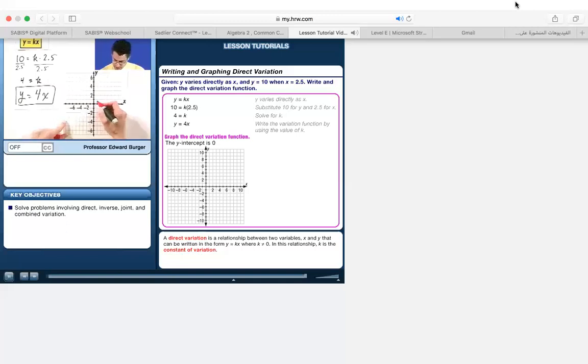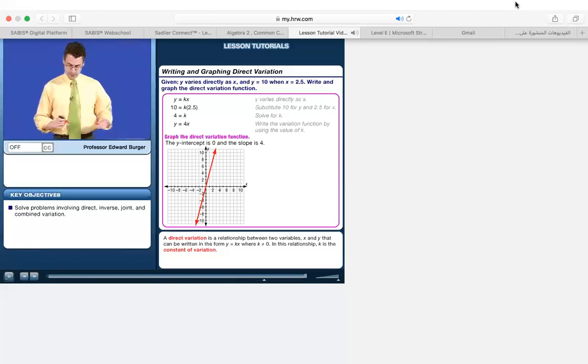We know it's a straight line, so that's enough to produce this line. This is the graph of the direct variation, and you can see it's linear, and that's always true. Direct variation always is a linear function.